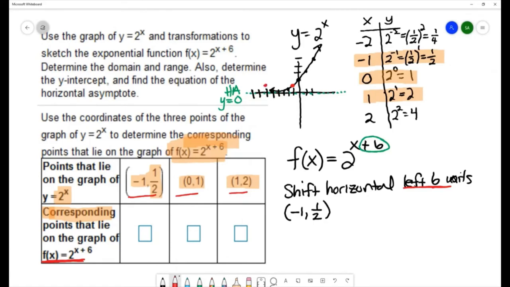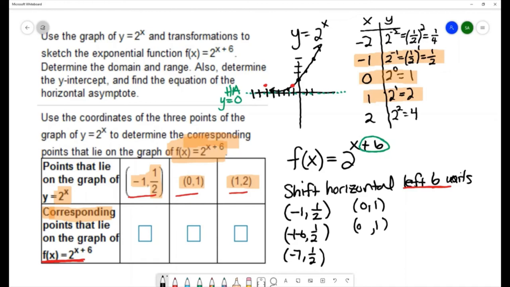If we think about that ordered pair, you'll notice that the y-coordinate did not change, only the x-coordinate. We subtracted 6 from it, and that gets me to an ordered pair of -7 and 1/2. We can do the same thing with the next coordinate of 0, 1. The y-coordinate will stay fixed.